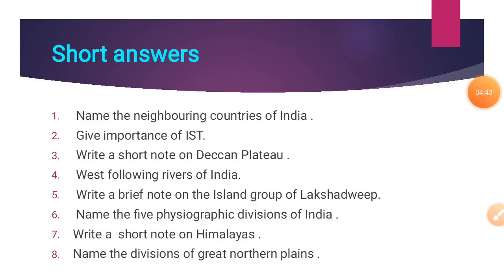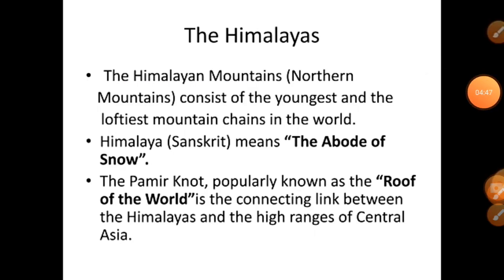The next question is, write a short note on Himalayas. The Himalayan mountains, also called the Northern Mountains, consist of the youngest and the loftiest mountain chains in the world. Why it is called youngest: it was formed only a few million years ago. Himalaya is a Sanskrit word which means the abode of snow.